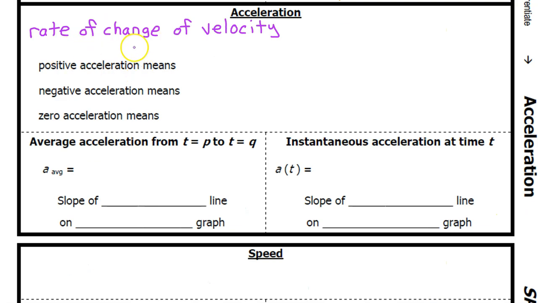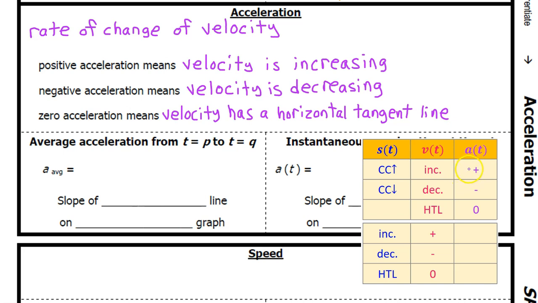Acceleration is the rate of change of the velocity function. Positive acceleration means velocity is increasing. Negative acceleration means velocity is decreasing, and acceleration of zero means the graph of the velocity function has a horizontal tangent line.